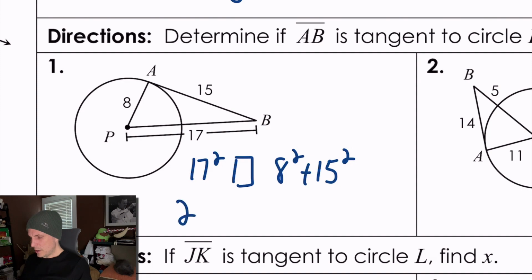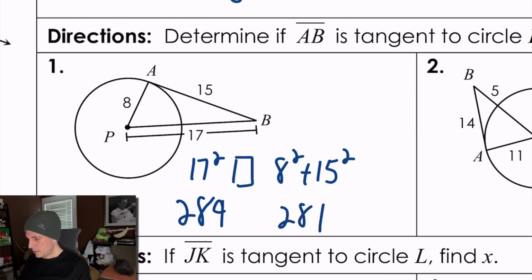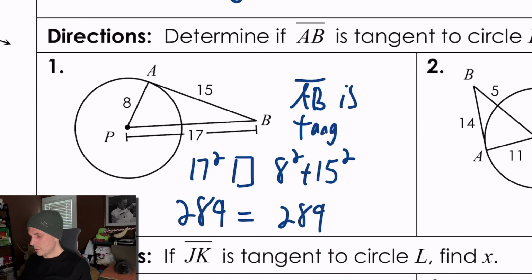So 17 squared is 289. And 8 squared plus 15 squared, just did this before, is also 289. They're equal. Therefore, AB is tangent to circle P.